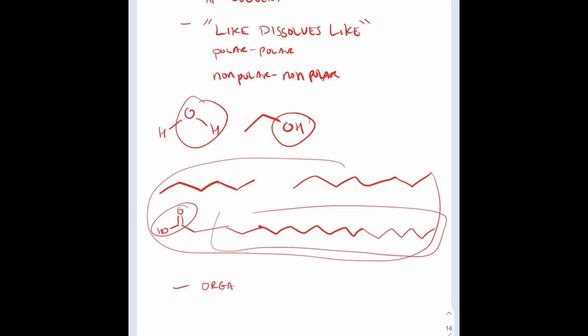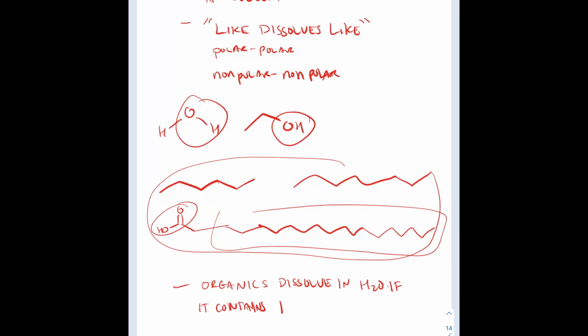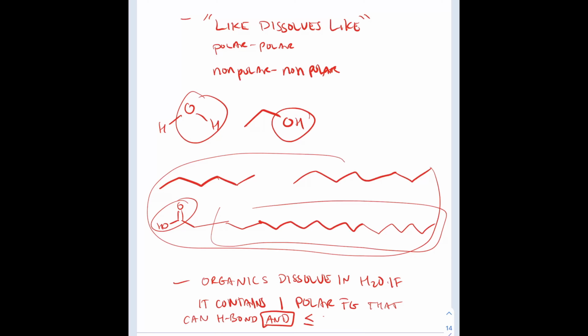Basically, organics dissolve in water if they contain a polar functional group that can hydrogen bond and have less than or equal to 5 carbons.